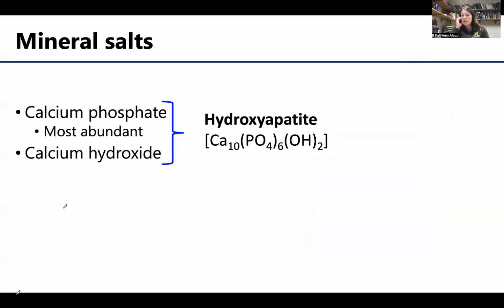When we're talking about the mineral salts, the most abundant of those is going to be calcium phosphate, with calcium hydroxide as kind of the second, and you put those together. You're going to form these crystals of hydroxyapatite, which I don't want you to worry about memorizing this chemical formula. I just have it up here because it's cool, or in case you have an interest in these chemical formulae.